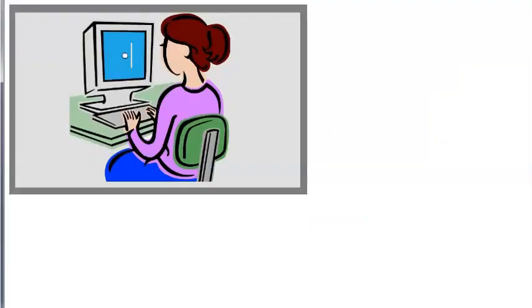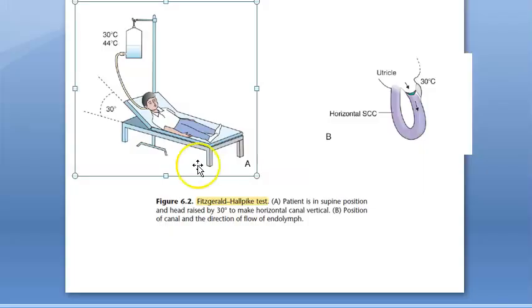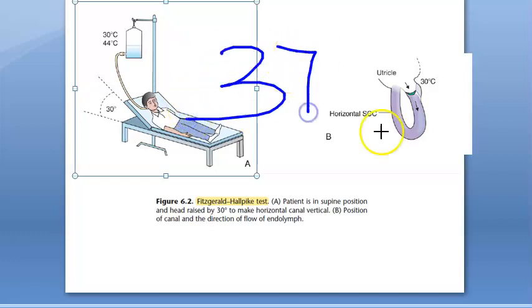The textbook gives a procedure with alternating cold and warm water, 40 seconds, lots of timings, etc. But we will just understand what happens if we put cold, and what happens if we put warm. Body temperature is 37 degrees centigrade.